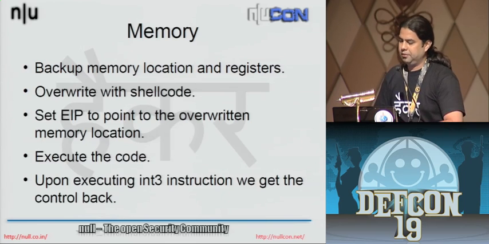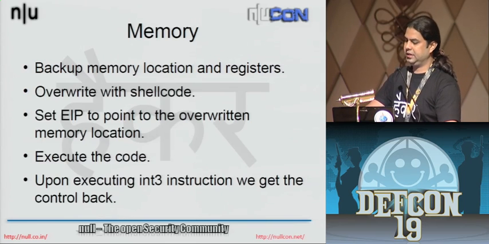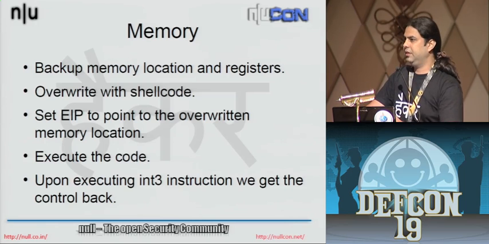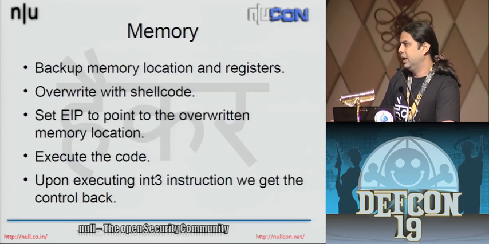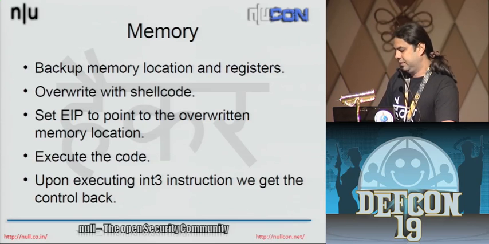So allocation is very simple. I've created a stub shellcode for the mmap2 system call. What I do is, I back up a particular location inside the remote process, and I back up the registers of the process, and then I overwrite it with my own mmap2 shellcode, and then make it execute that.